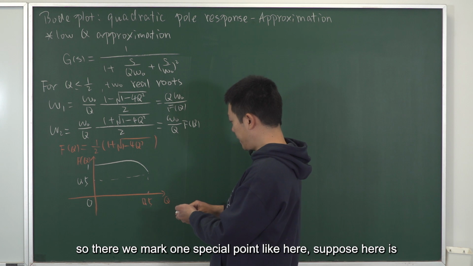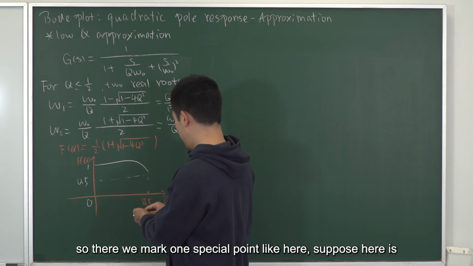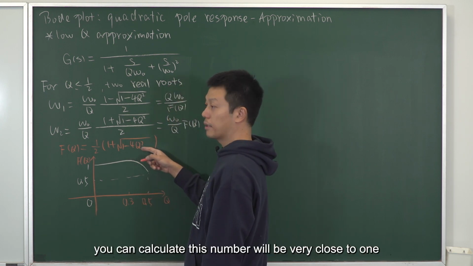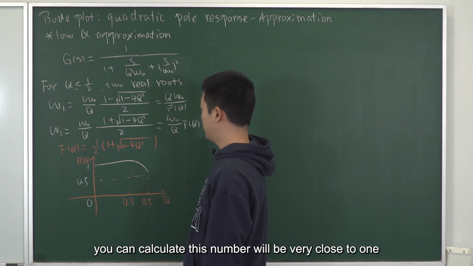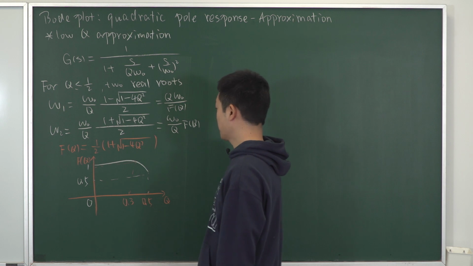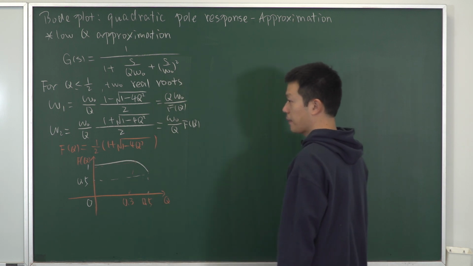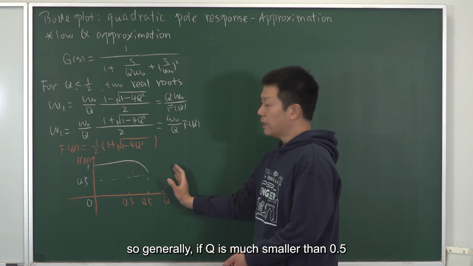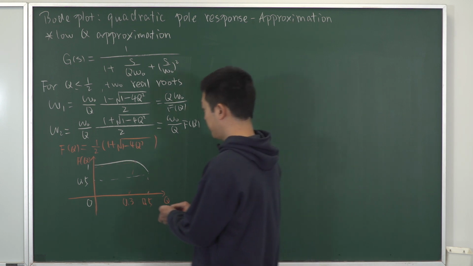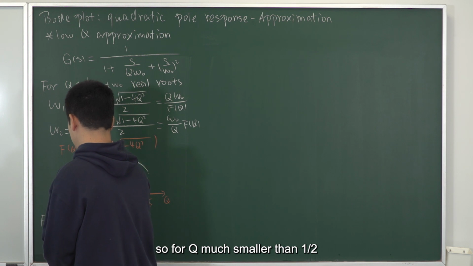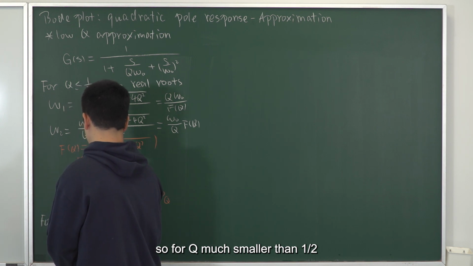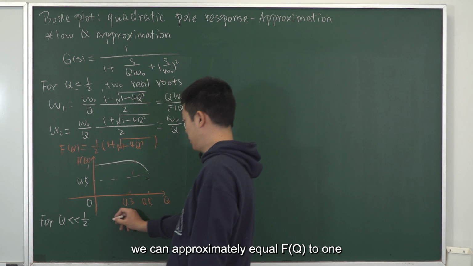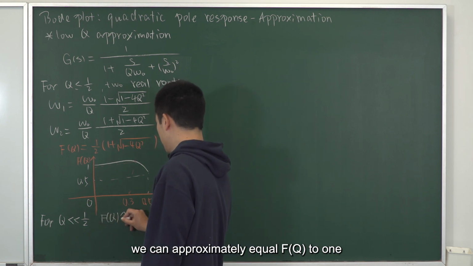So we mark one special point here, suppose 0.3. If Q equals 0.3, you can calculate that this number is very close to 1. Generally, if Q is much smaller than 1/2, we can approximately set F(Q) to be 1.